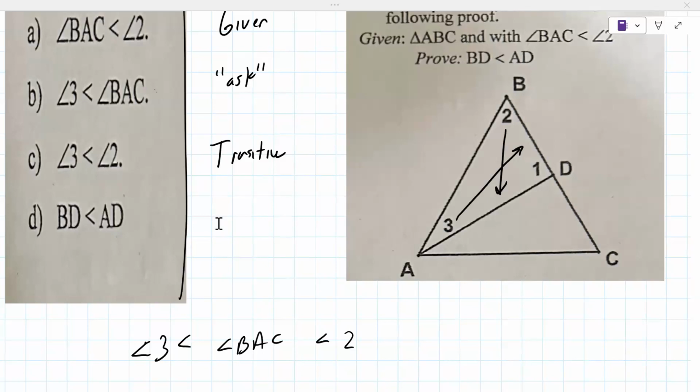Smaller angle, smaller side, larger angle, larger side. I mean, it's theorem 13.